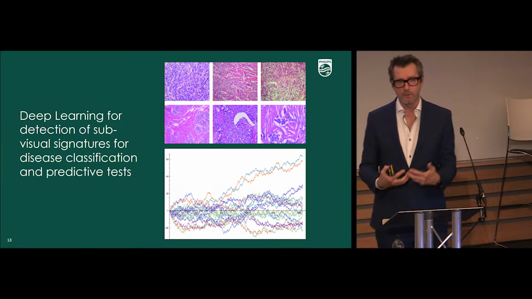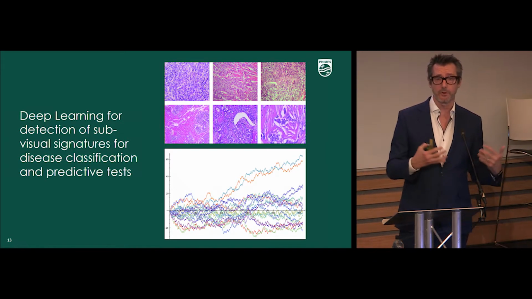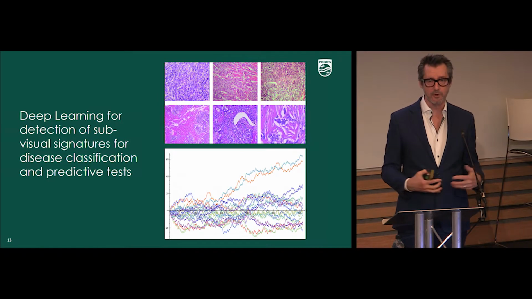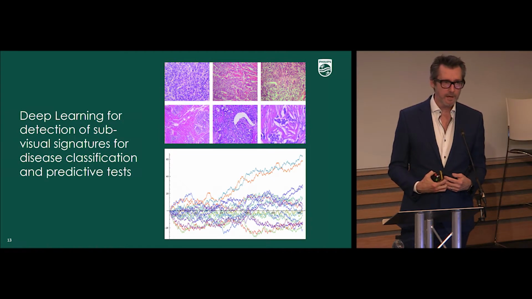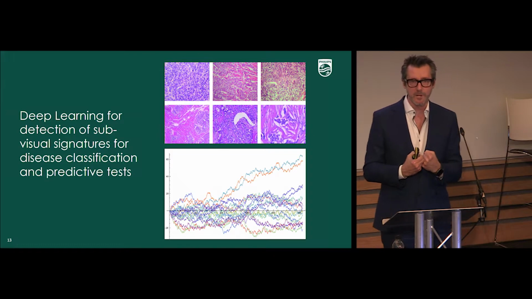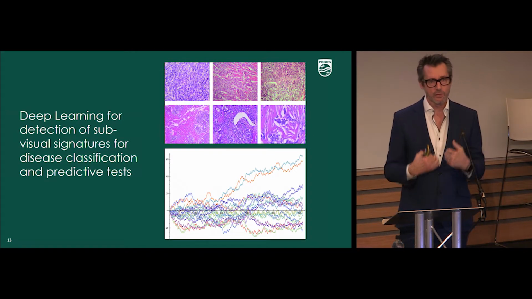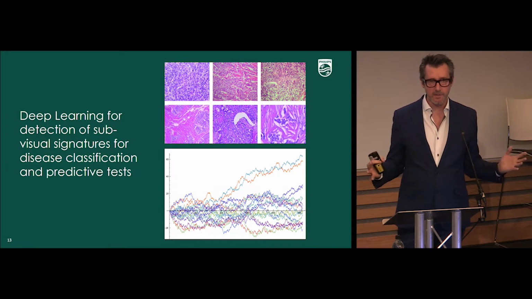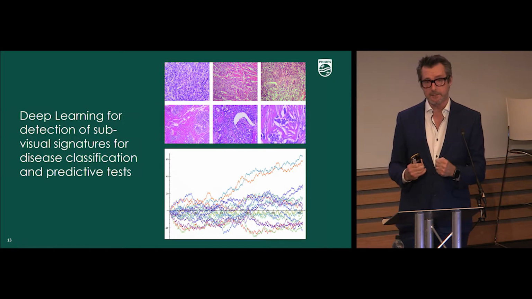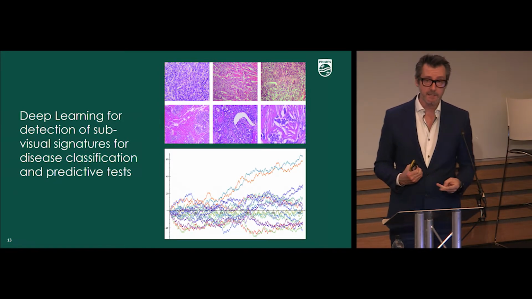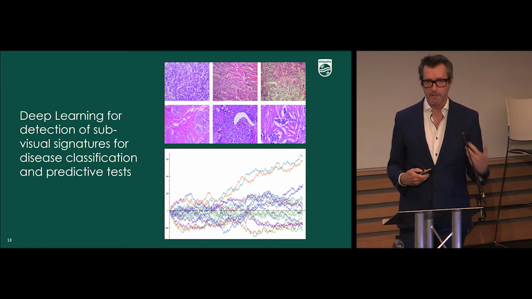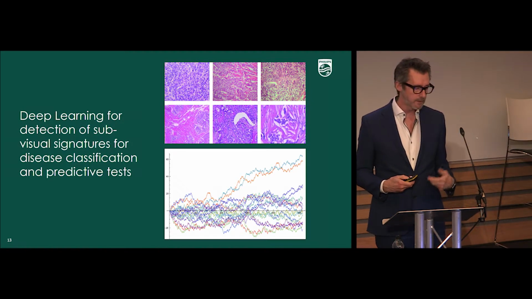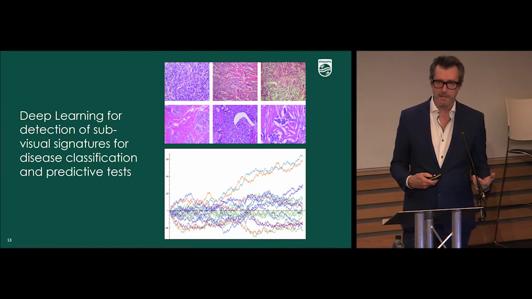And of course, deep learning can also be used to not only measure what pathologists routinely assess in terms of biomarkers, not only for segmenting tissue areas, segmenting nuclei, for measuring IHC markers, but also to take that pixel information, to ingest that and generate new signatures of disease that are completely transparent to the naked eye, but which can add significant value when we're thinking about tissue classification, disease classification, prognostication, and prediction of response to therapy. So these are the new tools that we as an organization are actively involved in developing and embedding within our solutions.